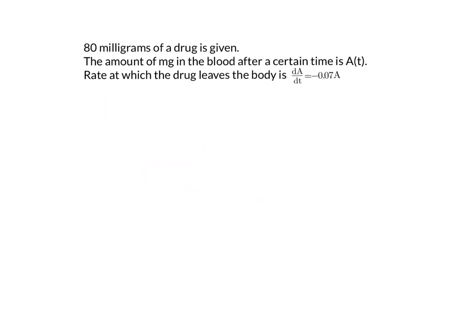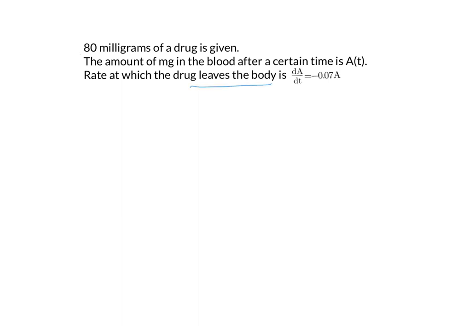All right, so now here is an example. It says 80 milligrams of a drug is given. And the idea is you're getting some sort of medicine and it's in your blood, and then your body starts to get rid of it. So the rate at which a drug leaves the body here.